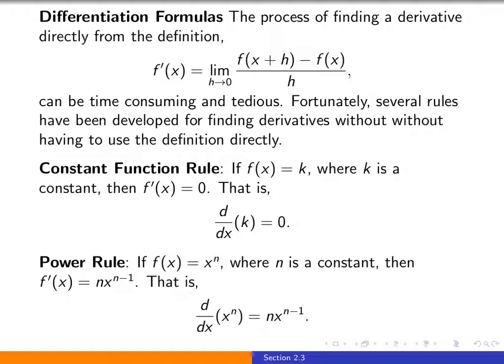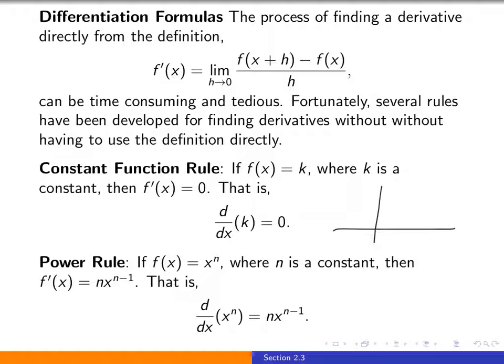The first two such rules would be the constant function rule. What the constant function rule tells us is that the derivative of a constant is always equal to 0. Now this is something that we can maybe very easily see from a geometric perspective.